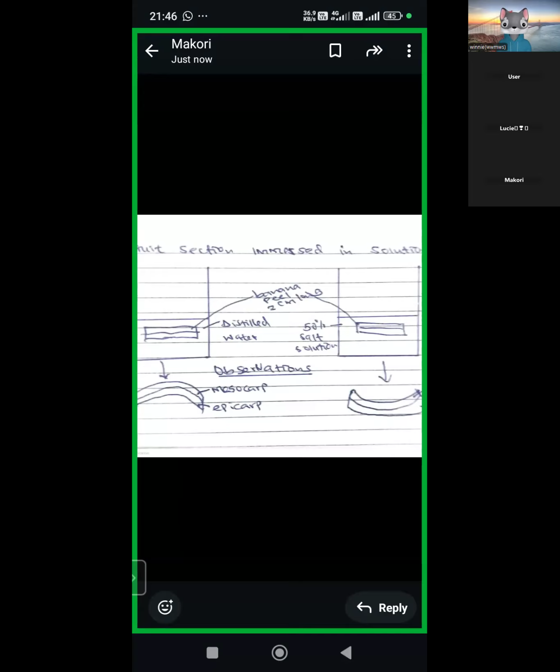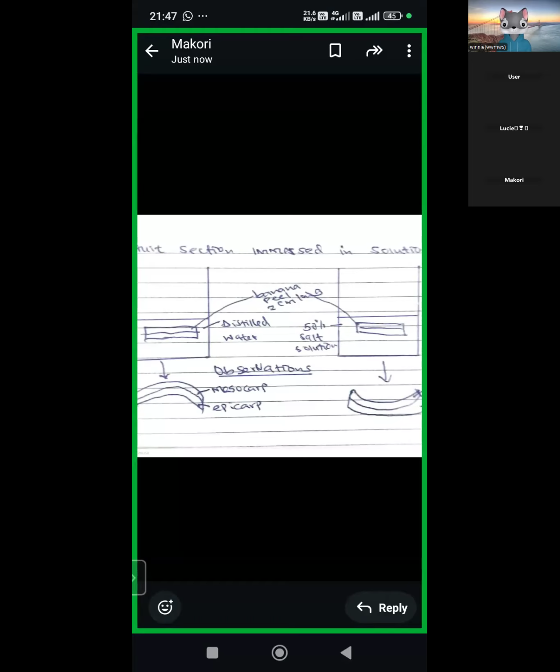Then they will shrink, and that makes the mesocarp curve inwards. So for distilled water, the mesocarp curves outwards, while in the hypertonic solution, the mesocarp curves inwards. That is something that we are supposed to get.